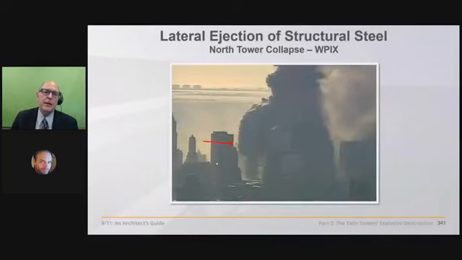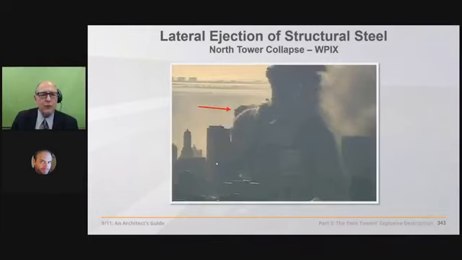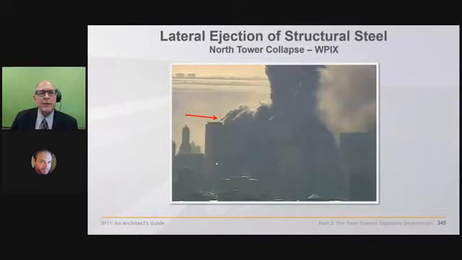Like this one here. Back and forth. What are we looking at here? That's a 45-degree angle. Gravity works how? Down. Something shot this 4-ton structural steel section laterally out, and then gravity begins to take over as it's about to hit World Trade Center 7 there and begin to go on its downward trajectory.